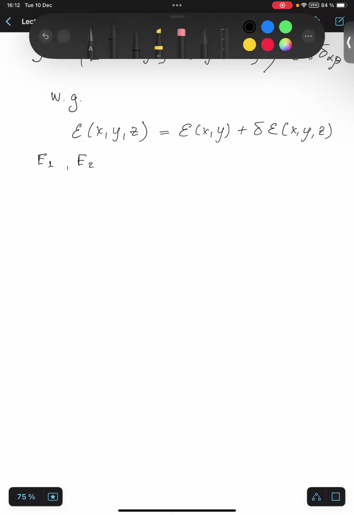Let the first one be with perturbation, epsilon(x, y) plus delta epsilon, and the second one is unperturbed, just epsilon(x, y).